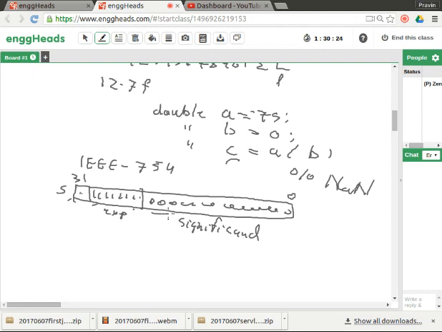But in this IEEE 754, that's what they have done. They have said, okay, this is how we'll use it. Fine, this represents infinity, this represents negative infinity, this is representing not a number. So you have representations for all of them. So you don't get an error, you get the value.